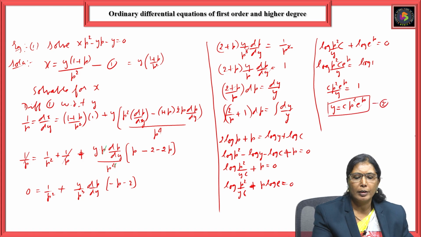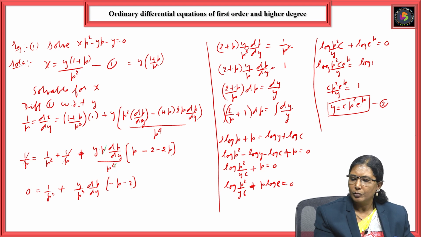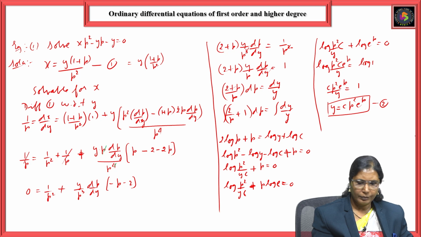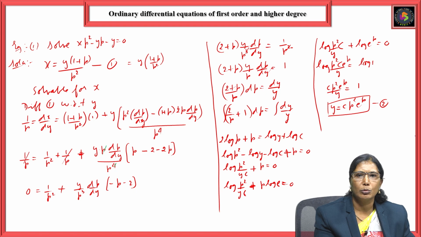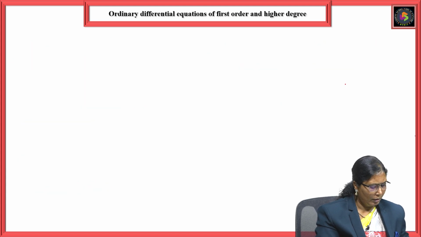So it is very difficult to eliminate p between 1 and 2. What you must do now? Equations 1 and 2 together constitute the general solution, because x is in terms of p and y is in terms of p. Since it is very difficult to eliminate p, we take x and y in terms of p. That gives the general solution. So what is the general solution here?